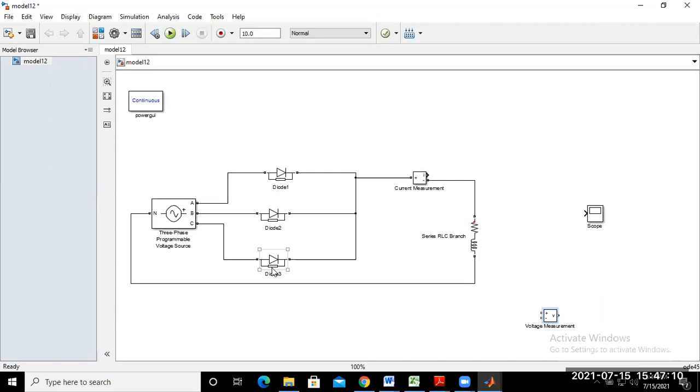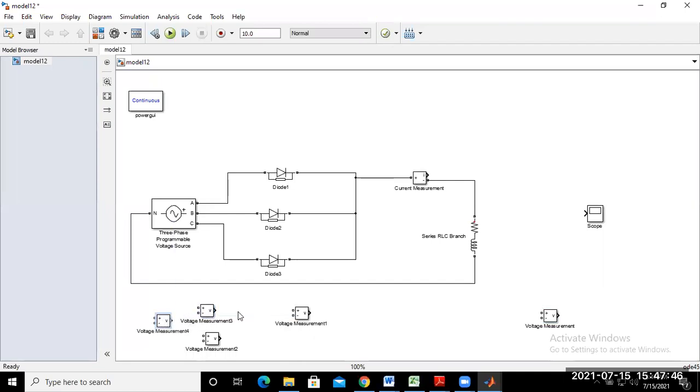Now you just connect 3 voltmeters for the line voltage measurement: line AB, line BC, and line AC. And another voltmeter for the phase voltage measurement. So just create another voltmeter here. One voltmeter is required for the output voltage measurement.